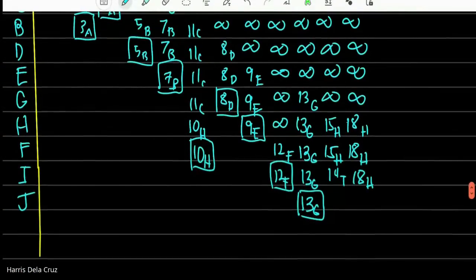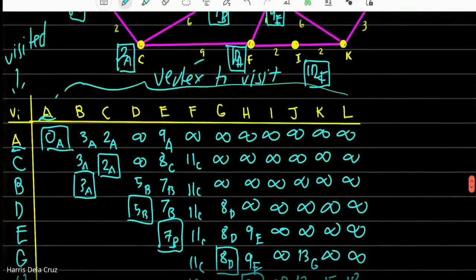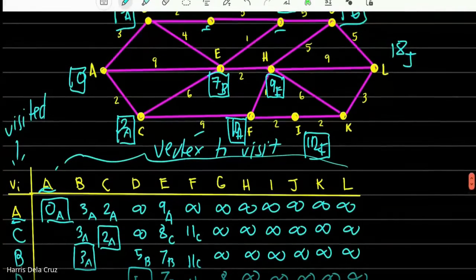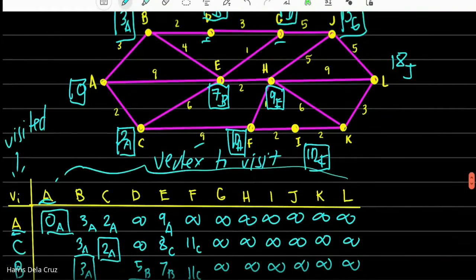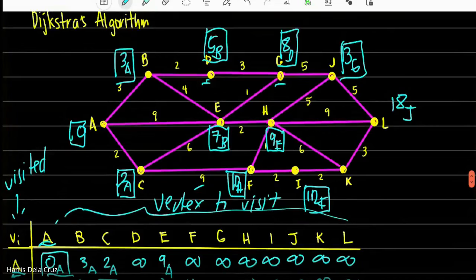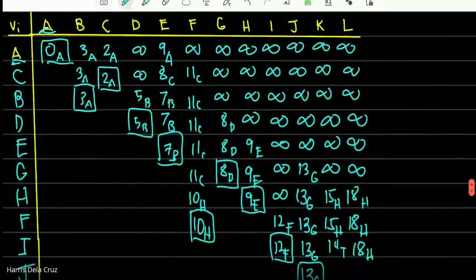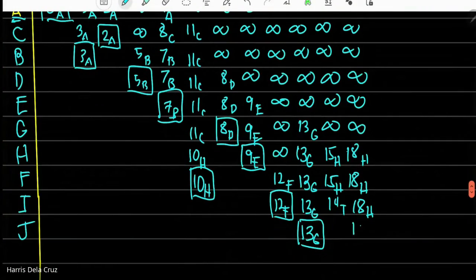Okay. So, 13 plus 5 is 18. So, that's the same. So, no need to replace. Pareho lang din naman. And then, this is copy since unreachable.